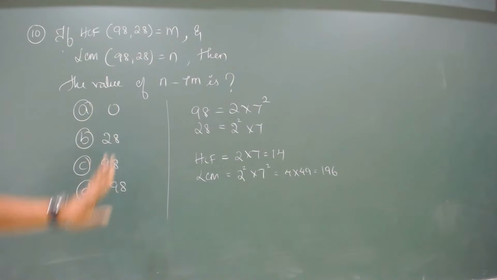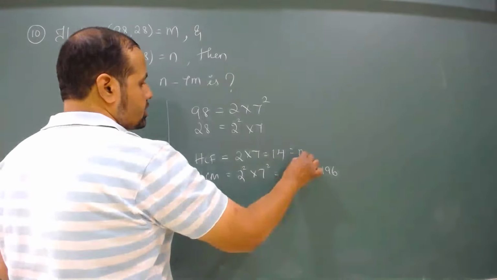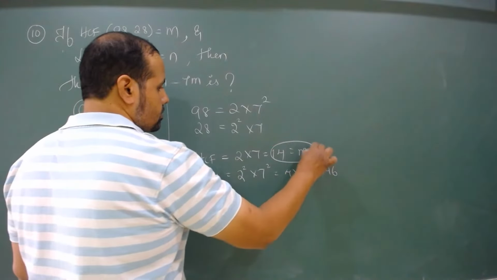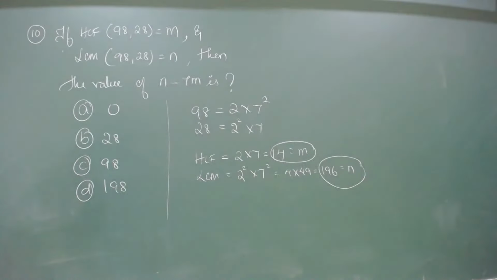Now they say find the value. So m is the HCF and n is the LCM.